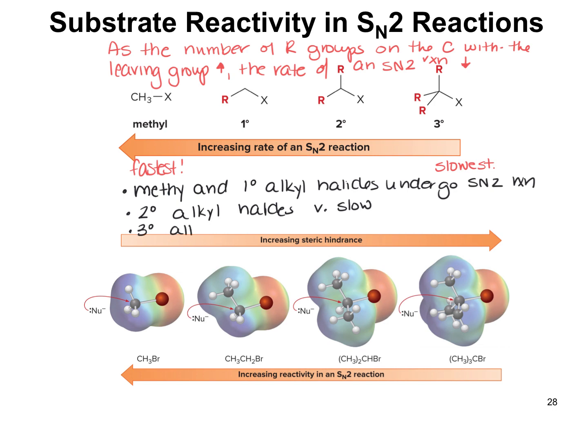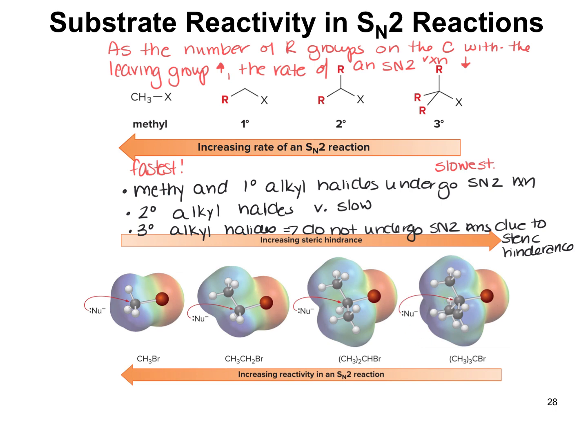Tertiary alkyl halides are so slow that we just say they do not react. So we say they don't undergo SN2 reactions due to steric hindrance, right? And so those bulky R groups next to the reaction site make this nucleophilic attack from the backside really difficult, and it slows the reaction rate down so much that we really don't see any product here when we do this reaction.